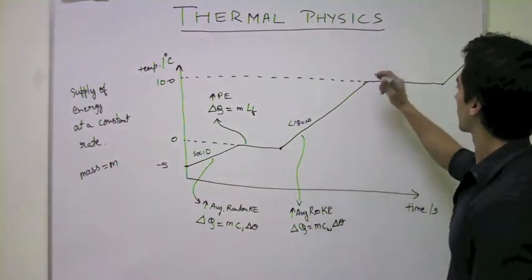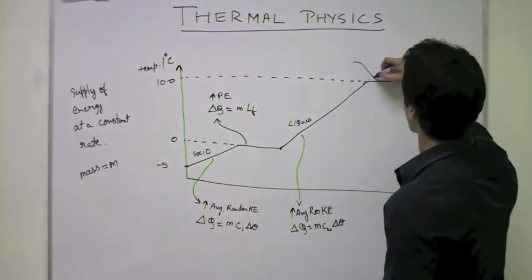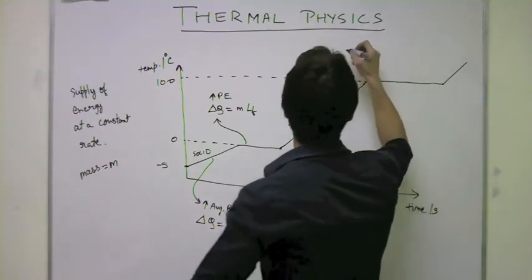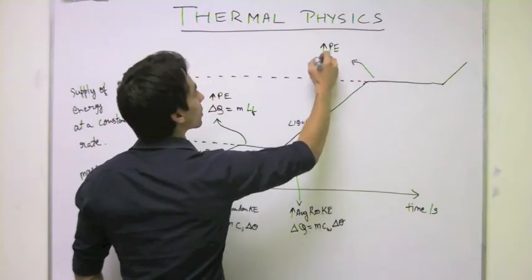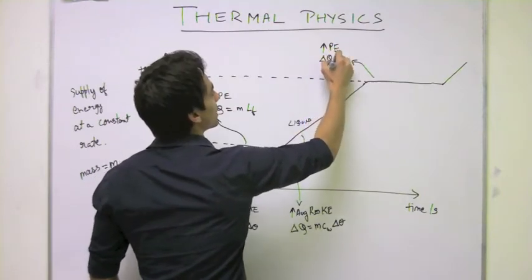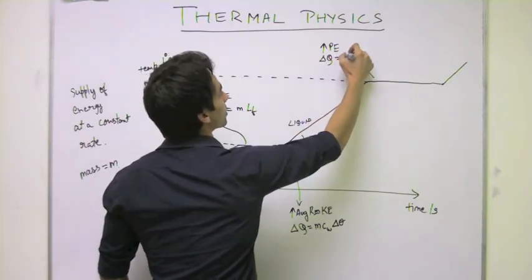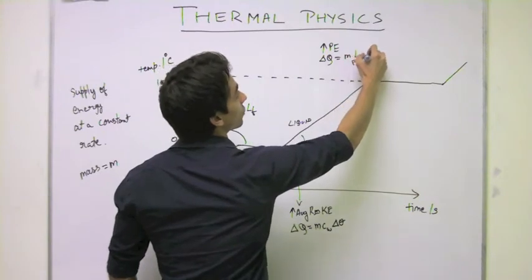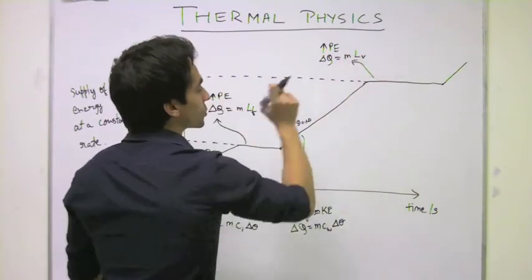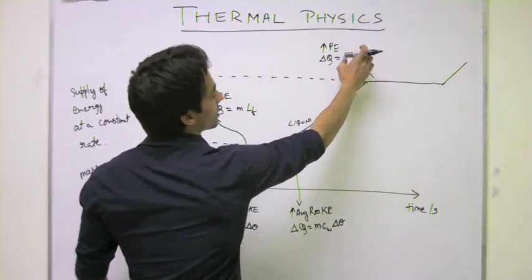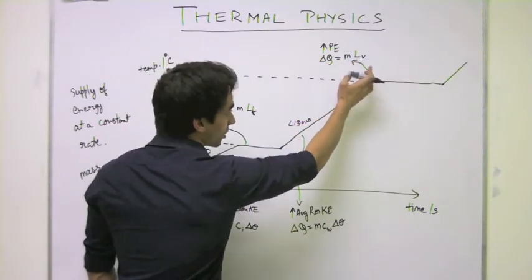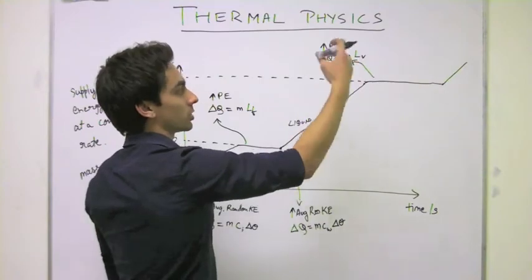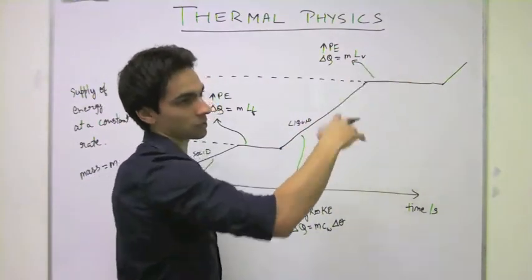Okay? And over here again we have an increase in potential energy. The heat supplied can be calculated using mass times latent heat of vaporization now. So latent heat of vaporization is the amount of heat required to convert a unit mass of a liquid to a gas or a gas to a liquid.